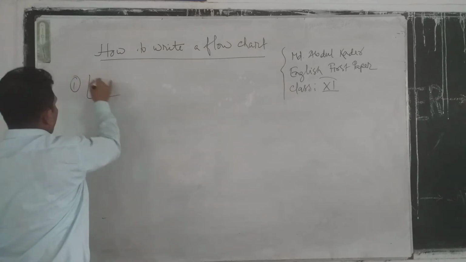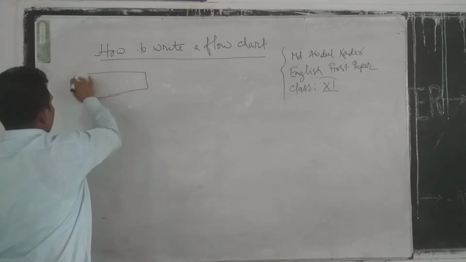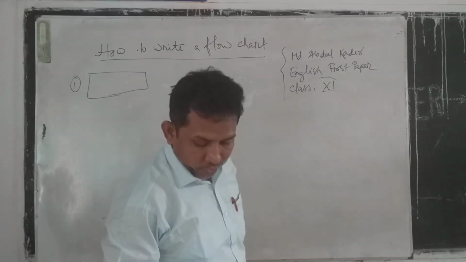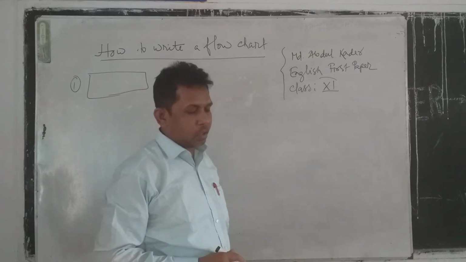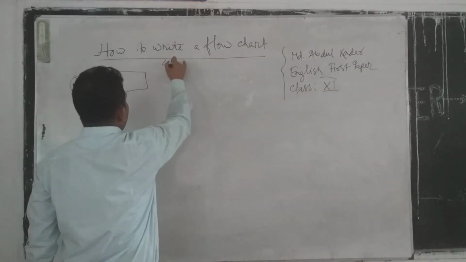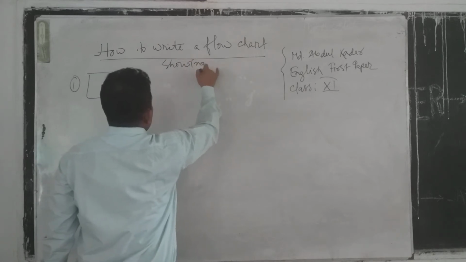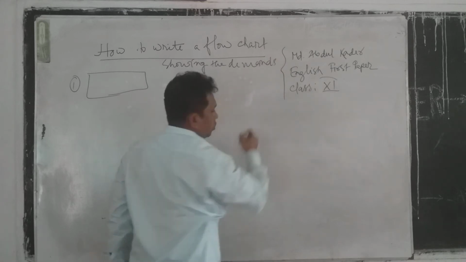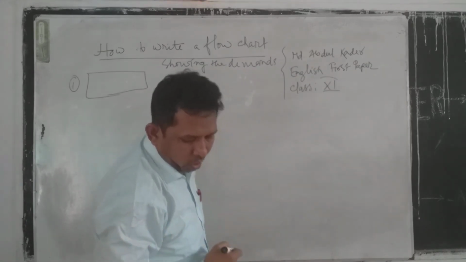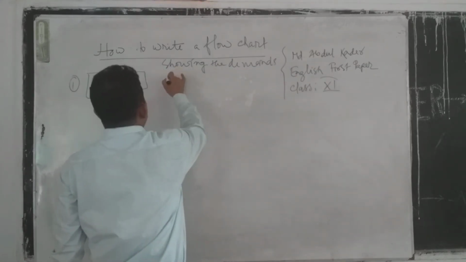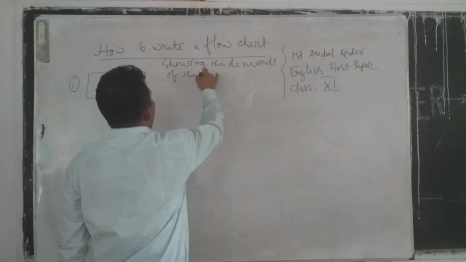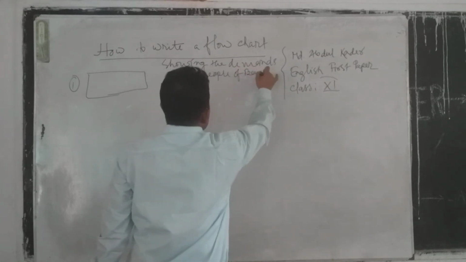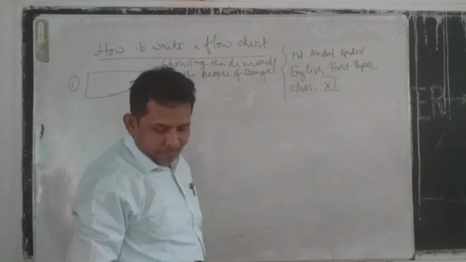The first box is the question, which I will discuss. Read the above text and make a flowchart showing the demands of the people of Bengal.